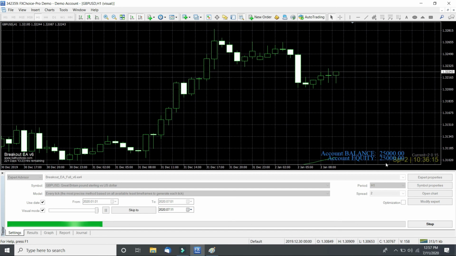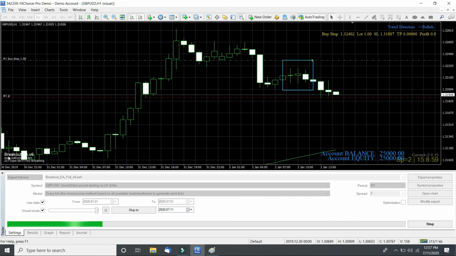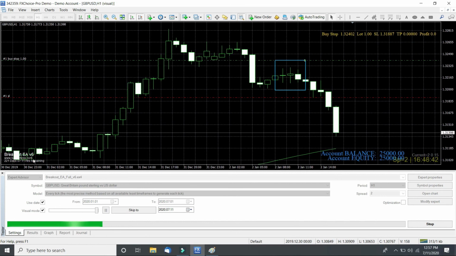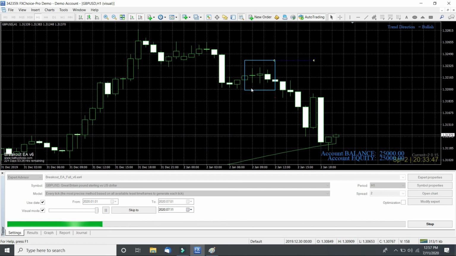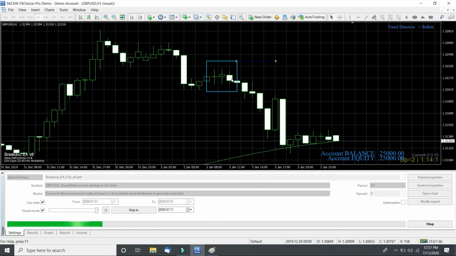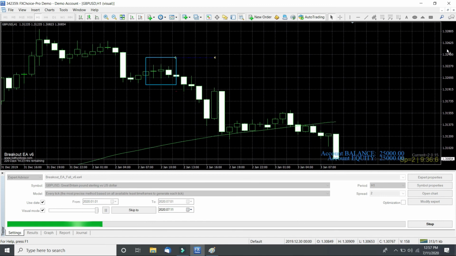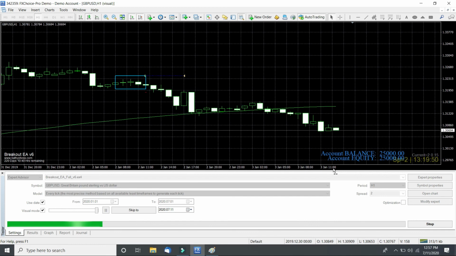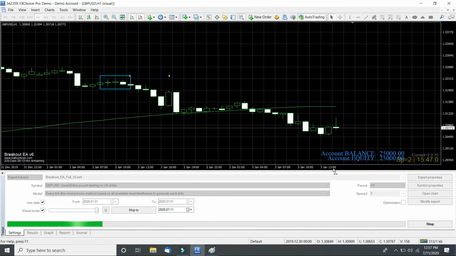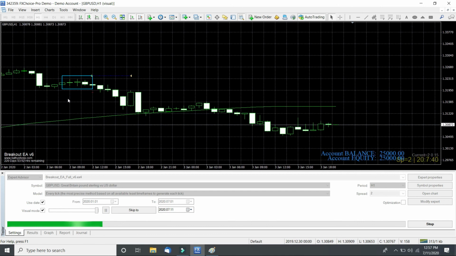It will show your balance here. It will also show your EA here. It shows the trend here. This is the box that we were talking about. 4 candles, 1, 2, 3, 4. We have more come. Oh, we didn't set up the time.